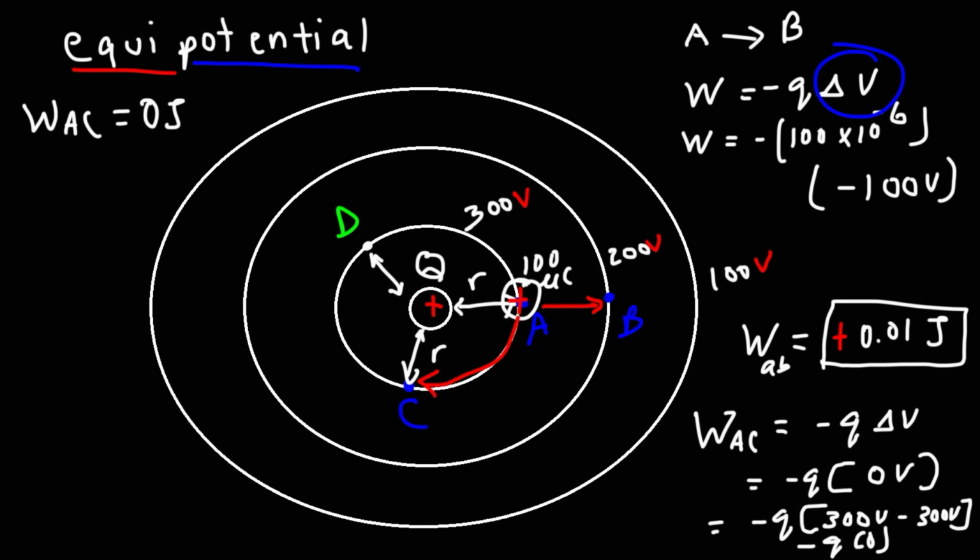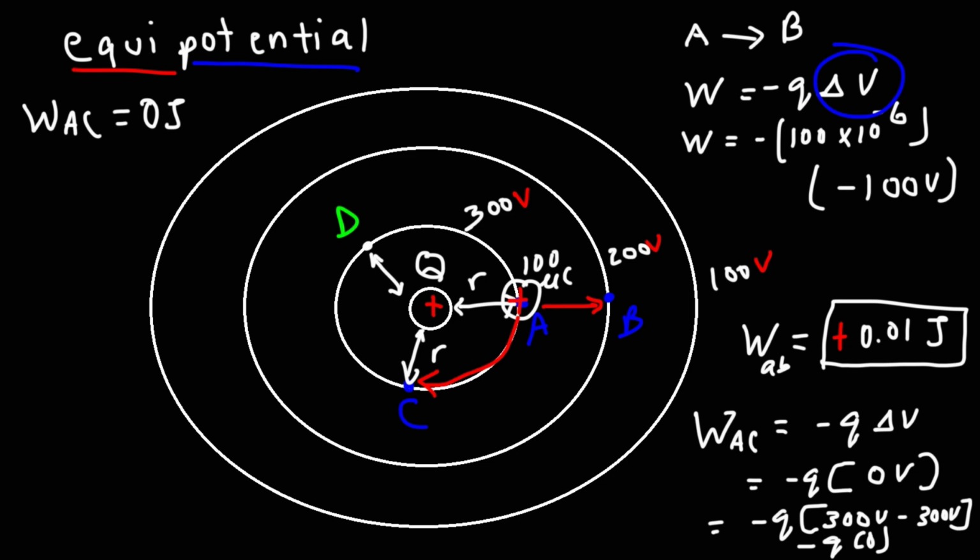So this positive charge can freely move around this circle without expending energy. It doesn't require any work for that charge to move from A to C to D. If it wants to go from A to B, work will have to be done on that charge to do so. But going from A to C or to D, it can move there without effort.